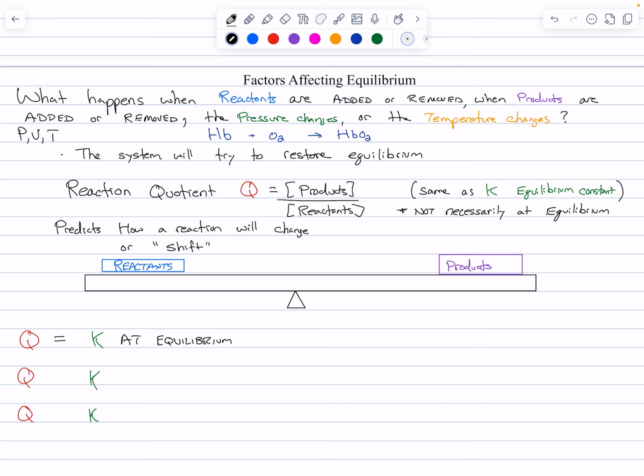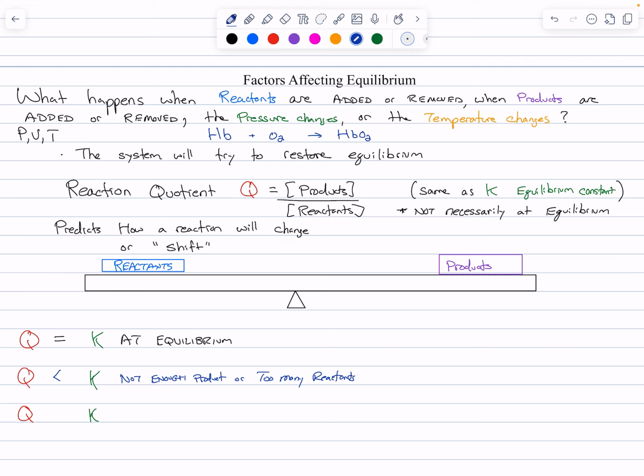Now, if Q is smaller than K, what that means is the products are too small, not enough product, or too many reactants. The denominator is bigger than the numerator, or what it should be.